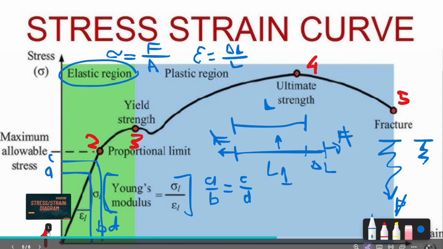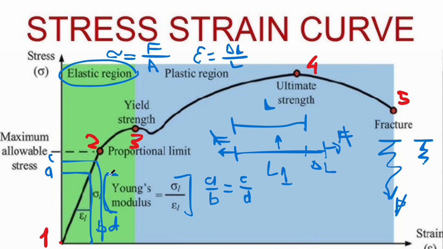From number 1 to number 2 is the region that maintains the Young modulus fraction.